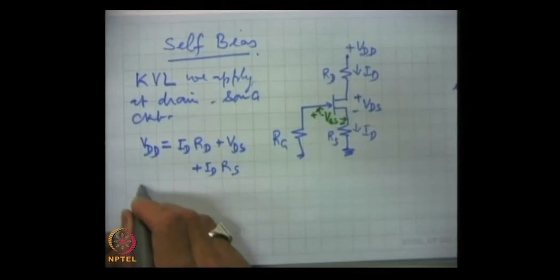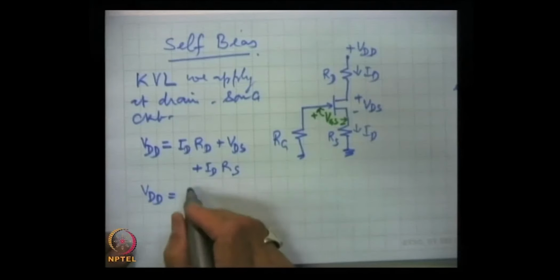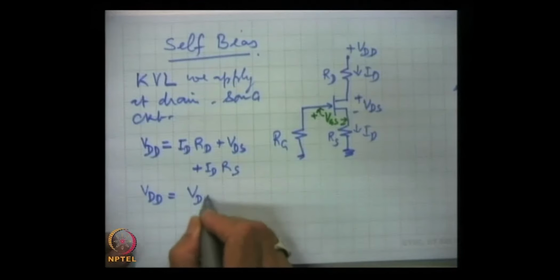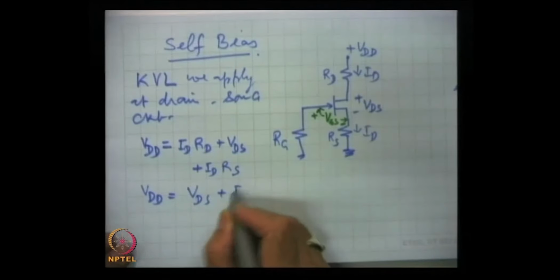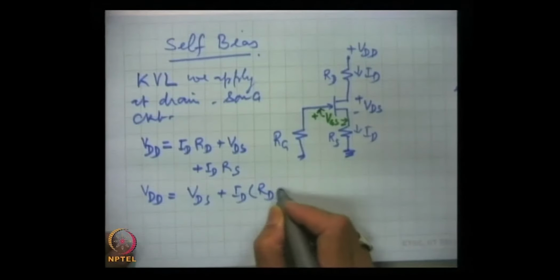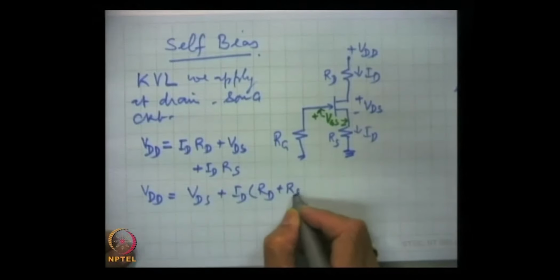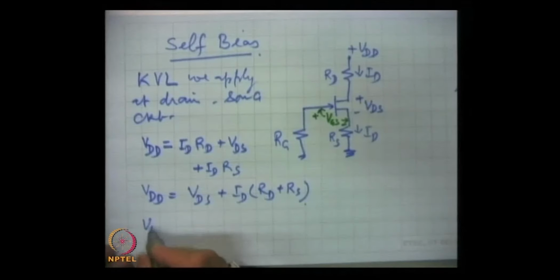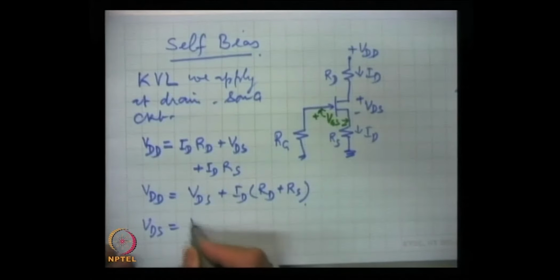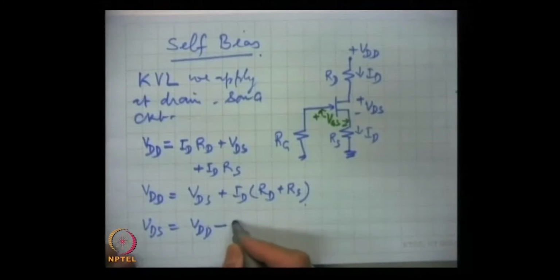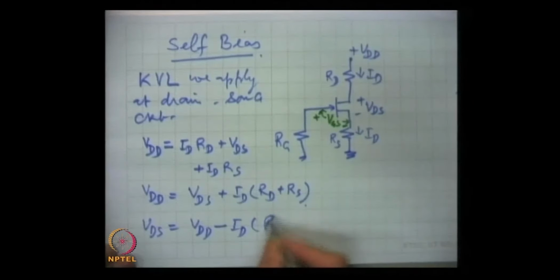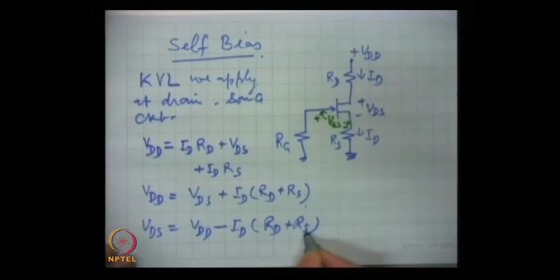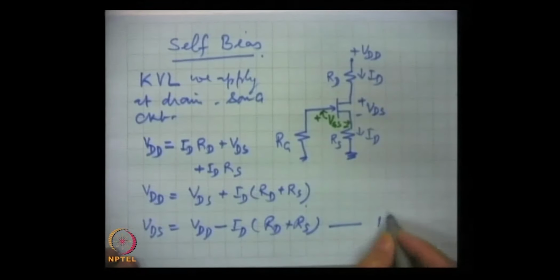This can be written as VDD equal to VDS plus ID times RD plus RS, and from here this equation we will use later, that VDS is given by VDD minus ID times RD plus RS. Let us call this equation 1.